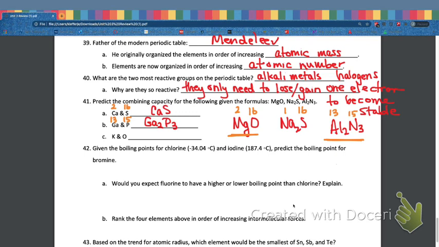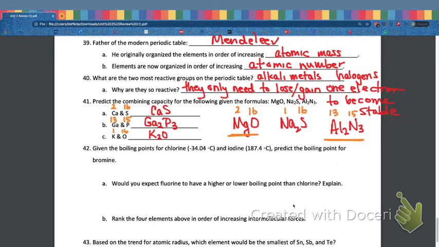And our last one, potassium is in column 1, oxygen is in column 16, and so these are going to combine the same way as sodium and oxygen. So this is going to be K2O. Does that make sense? All right.